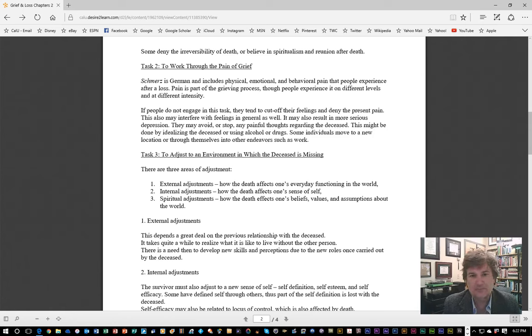Sometimes these medications, though useful for a very short period of time, let's say a couple days, may have a detrimental effect in that it prevents task 2 from occurring, working through the actual emotional and physical pain of grief.